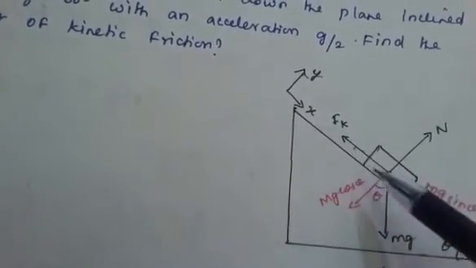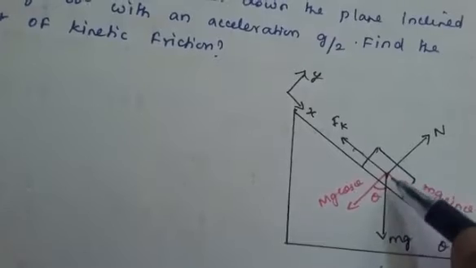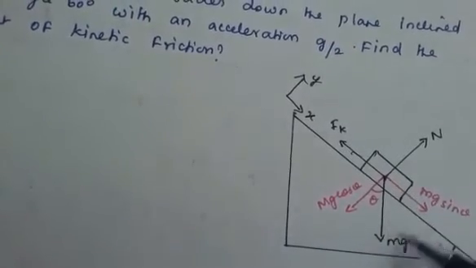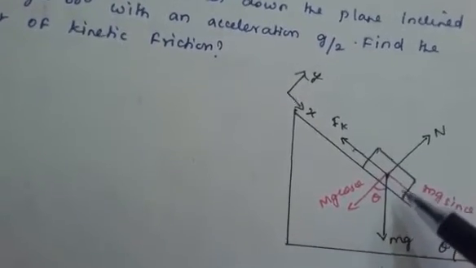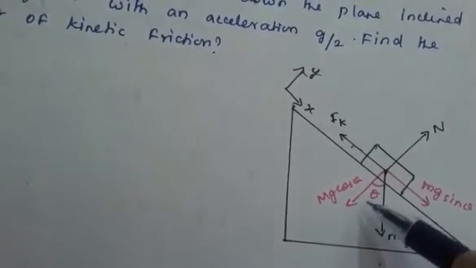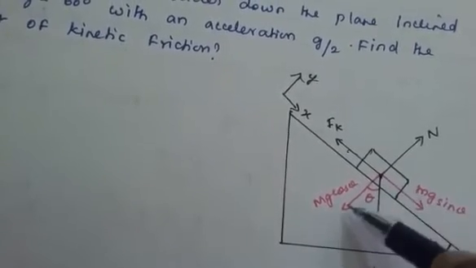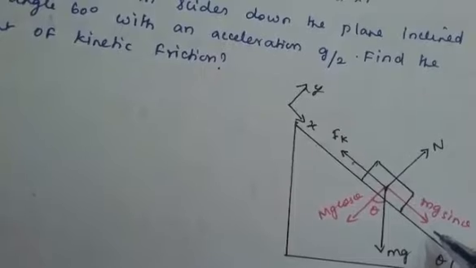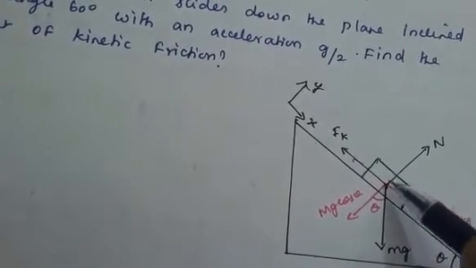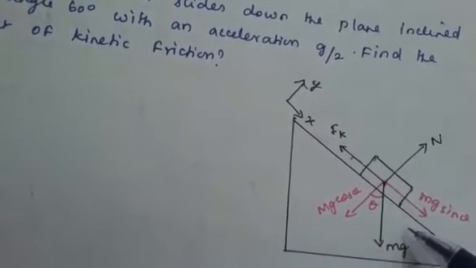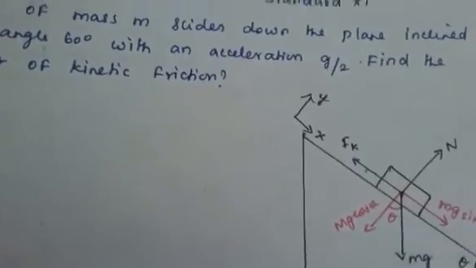So, this is Fk. Now, I am resolving the downward gravitational force into two components, mg cos theta and mg sin theta. Now we can go for writing.